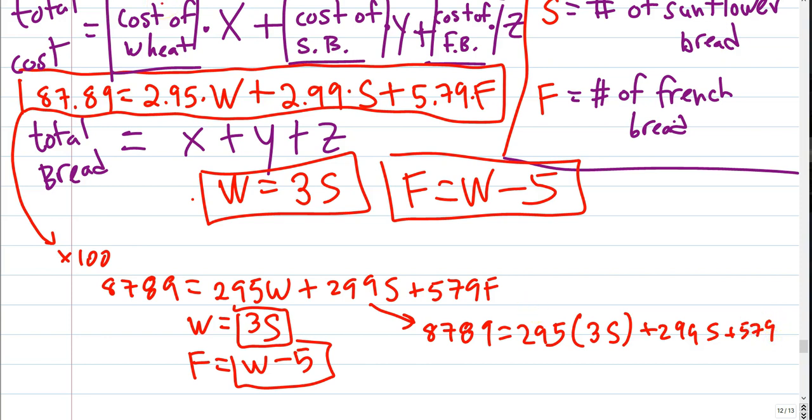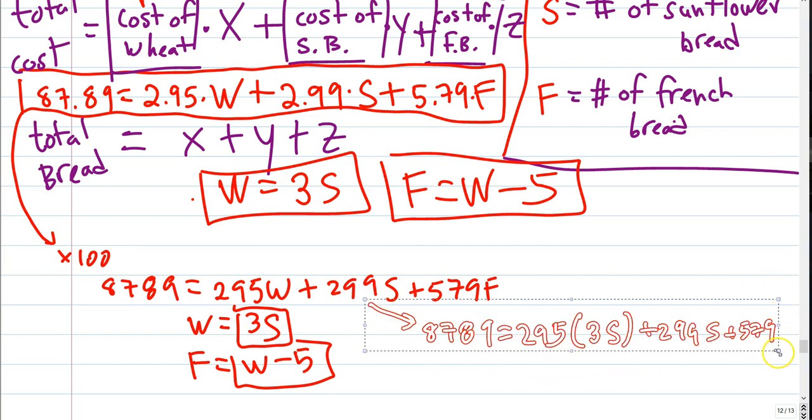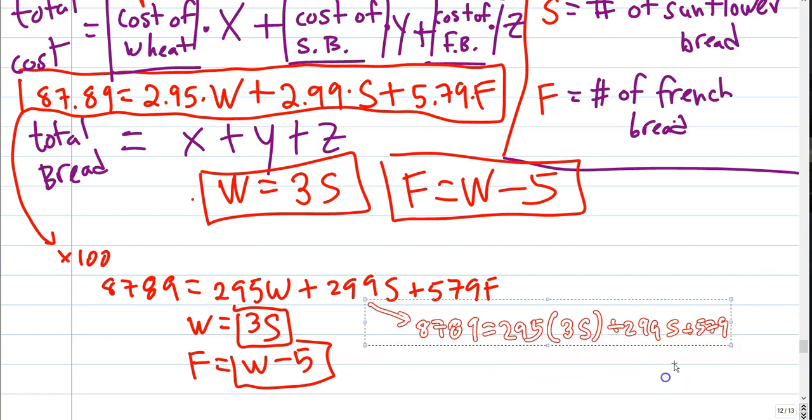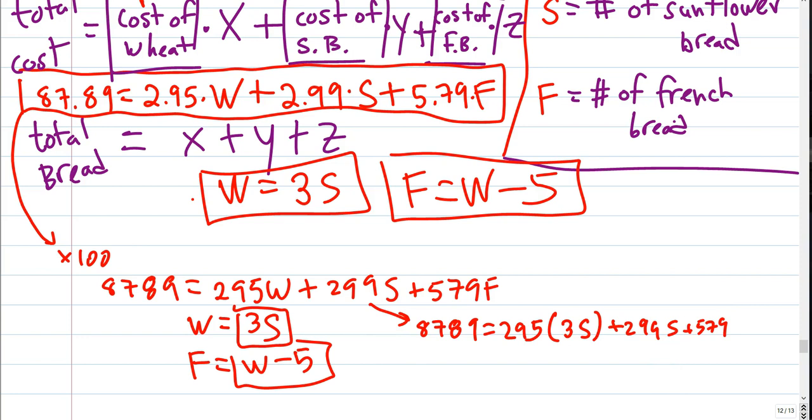Need more space. There we go. What was f? How about w minus 5?